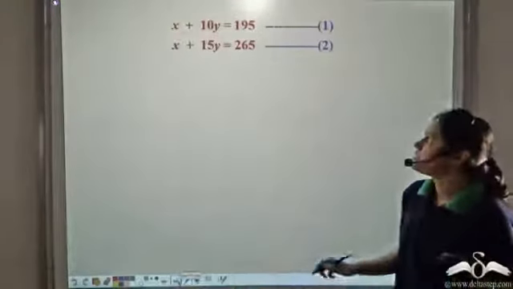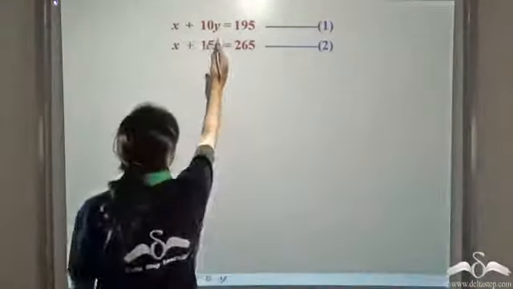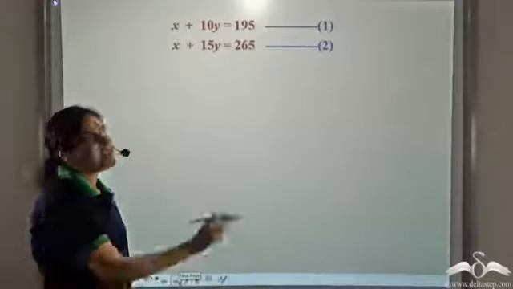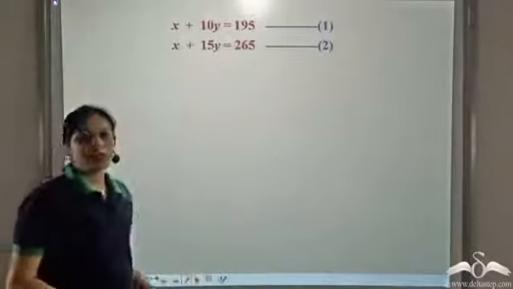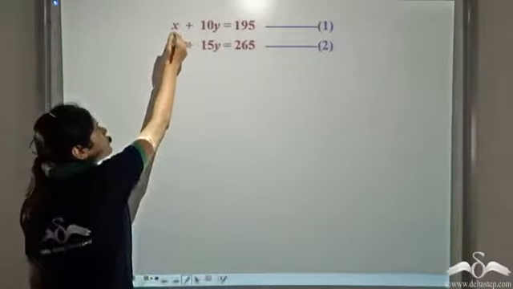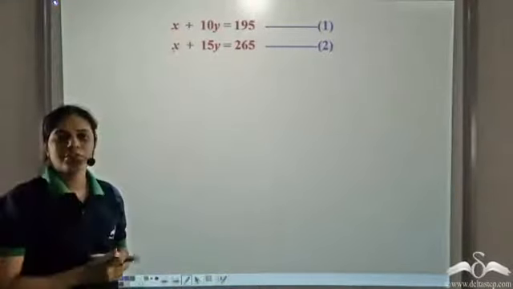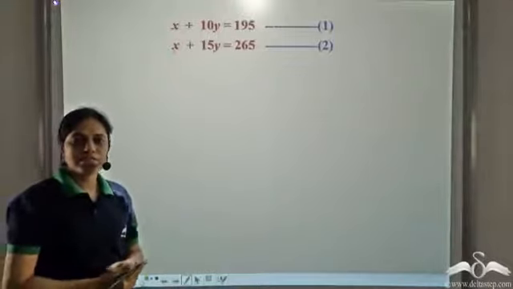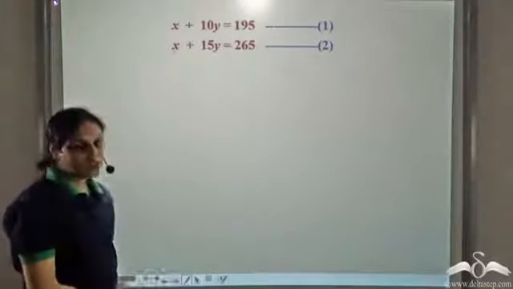So we write these equations as x plus 10y equal to 195 and x plus 15y equal to 265. Now the coefficient of x is 1 here and 1 here. So it is 1 in both the cases. So let us subtract these two equations.